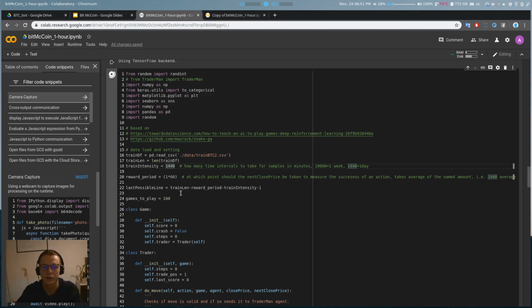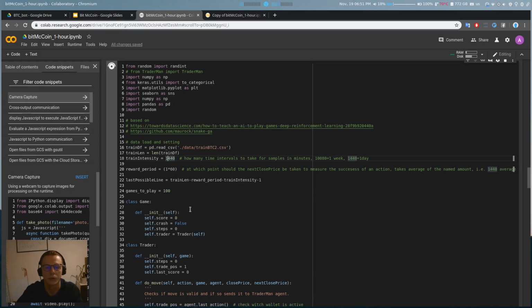This variable sets up the slices of periods that we will feed into the network for training. So network trains in games, and one game will consist of 1 day. Now, how that day will be selected, I'll get back to that in a bit of time.